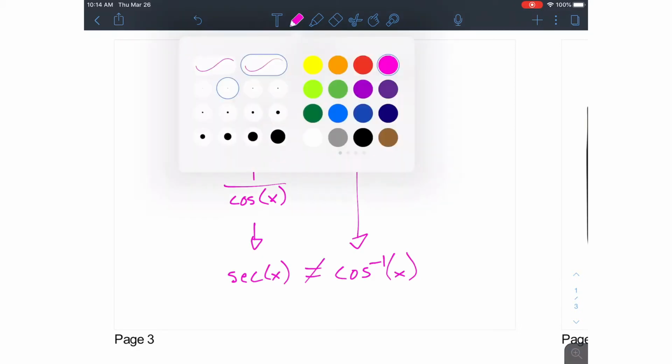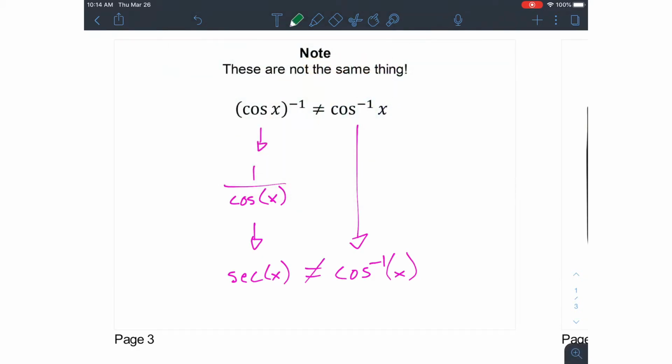Those are not the same thing, because secant of x on the left side finds us the ratio, and remember, since it's the inverse of cosine, cosine is normally adjacent over hypotenuse, secant is going to find us the ratio of the hypotenuse over the adjacent. Whereas arccosine here on the right side is going to find an angle measure.